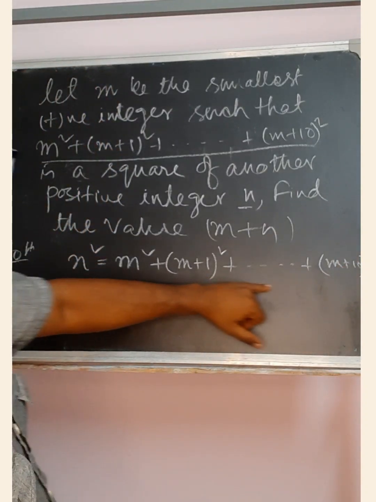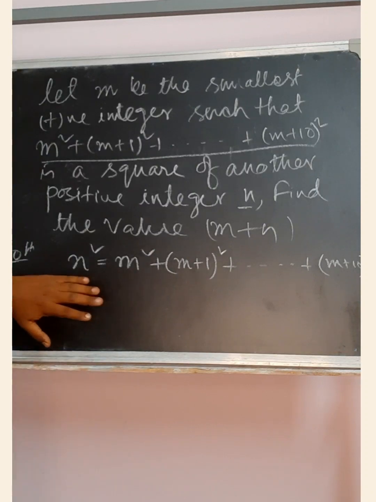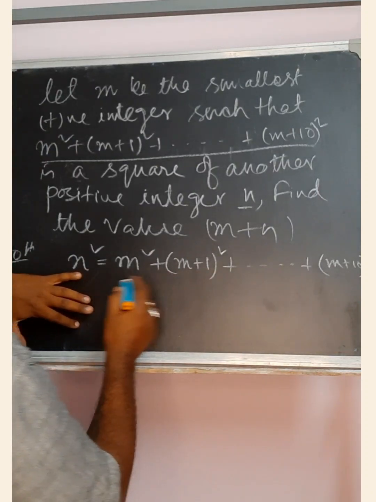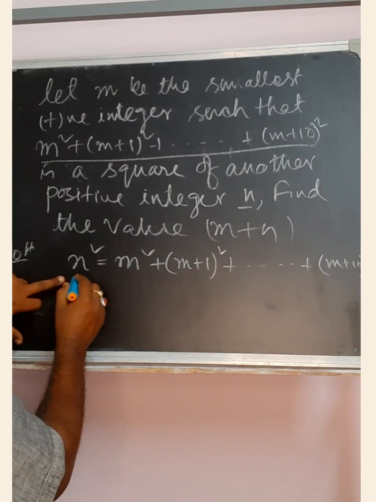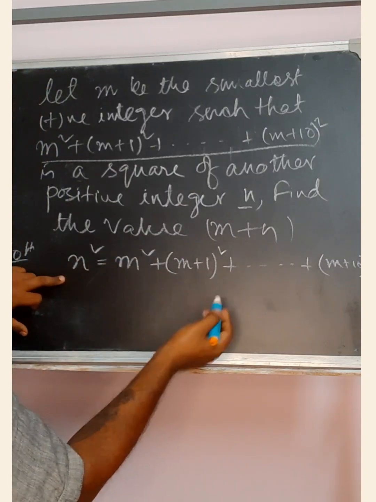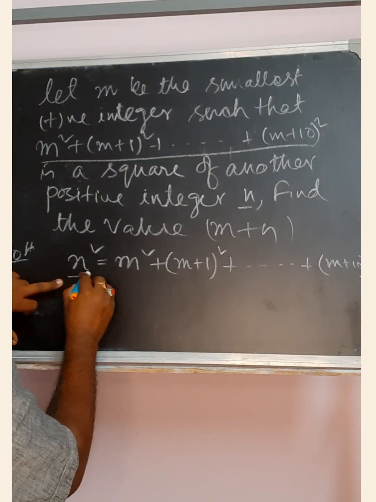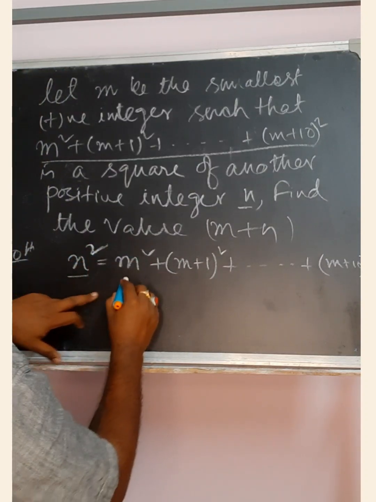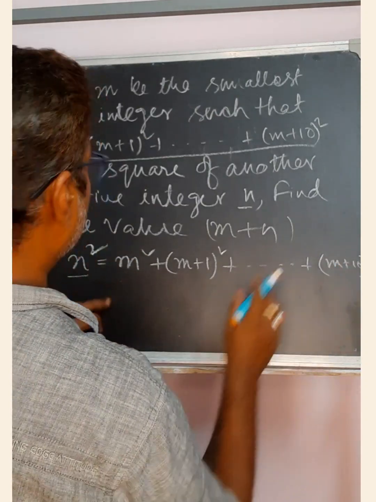Because this expression has to be a perfect square of n. This condition is given, so from that we can give it a form of an equation, where n square is equal to this expression.